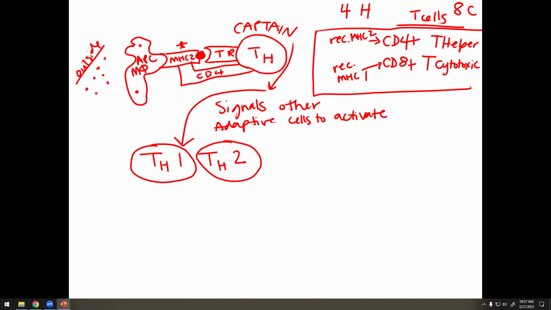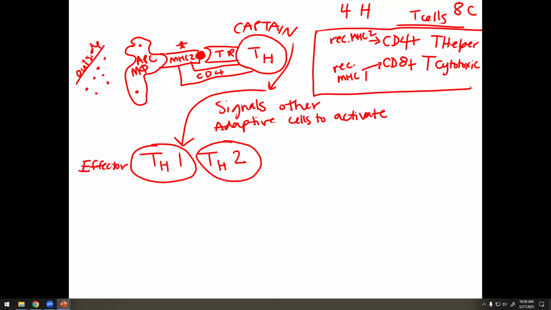He's just the T helper cell that can see that antigen. Once he sees his antigen and gets that signal saying that MHC2 is presenting it, remember what we said, we proliferate and then we differentiate. We proliferate out the TH, and then the THs differentiate into its memory, its regulatory, and its effector. This TH cell has two effector cells.